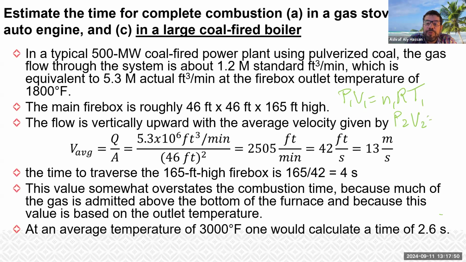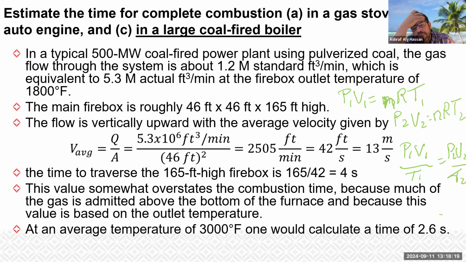However, the number of moles, N, will not change because that's the same mass that will be inside. So N1 is equal to N2, so we can just write it as N in both of them, RT2. Having this together, we can say that N is the same. So P1 V1 over T1 will be equal to P2 V2 over T2.